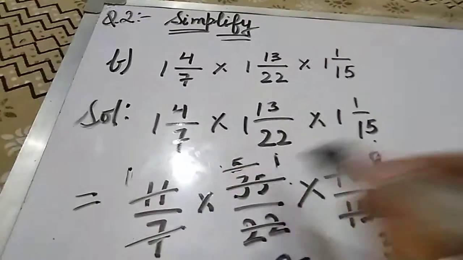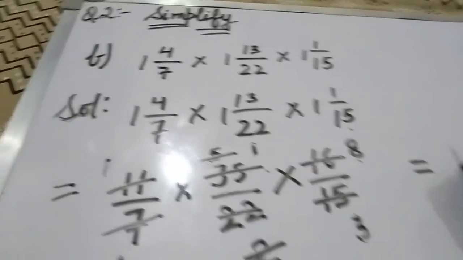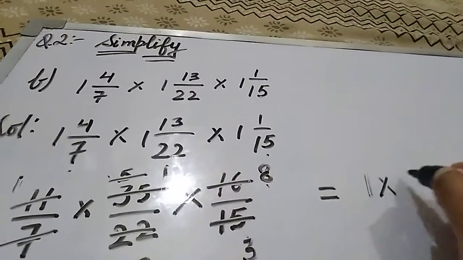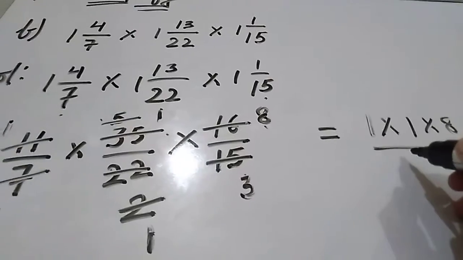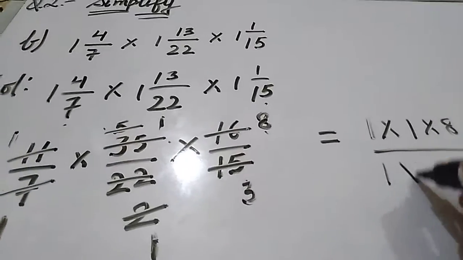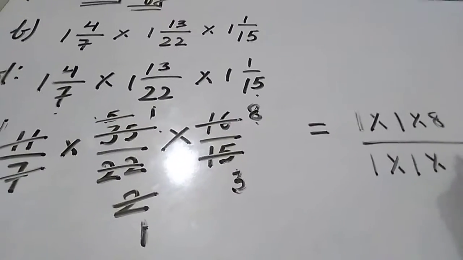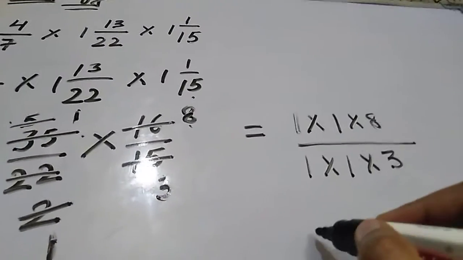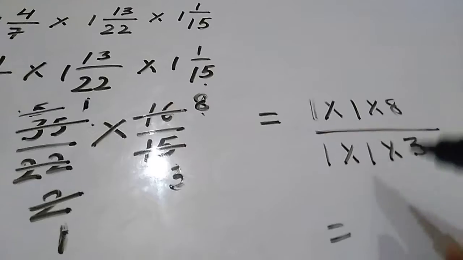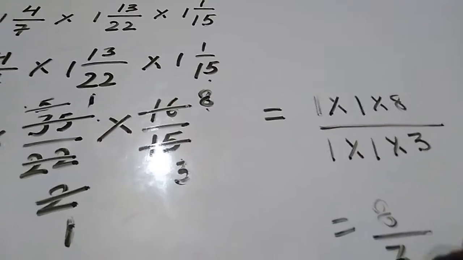So how will you proceed? Multiply all numerators: 1 multiplied by 1 multiplied by 8. Here is 1 multiplied by 1 multiplied by 3. The resulting value we will write here. 1 ones is 1 multiplied by 8, here is 3.